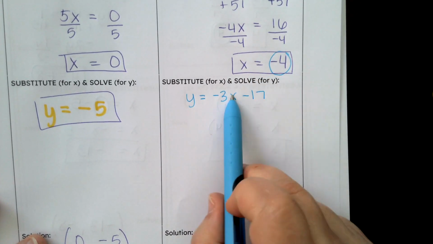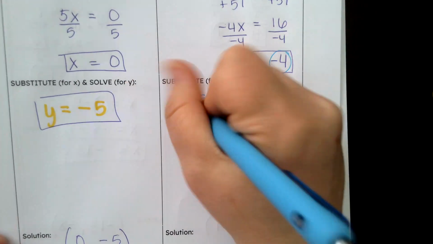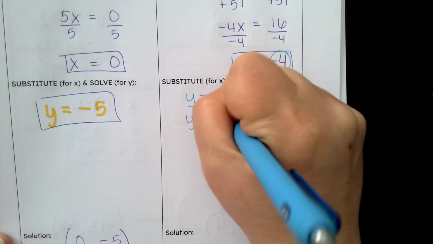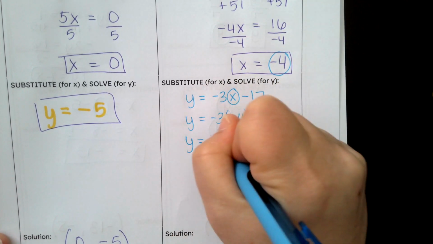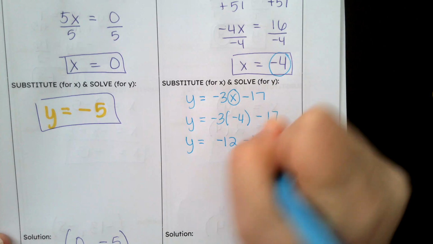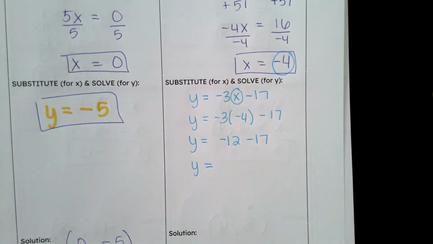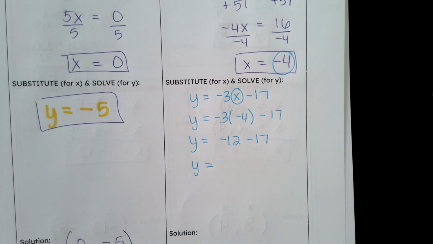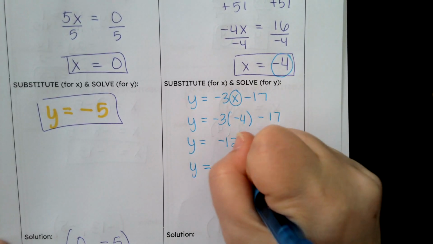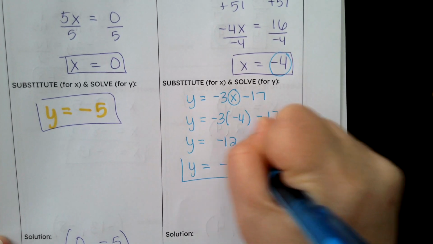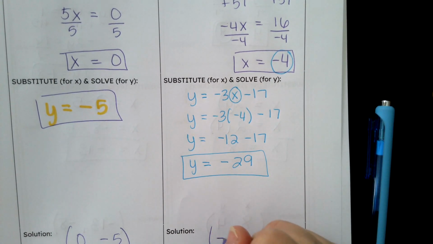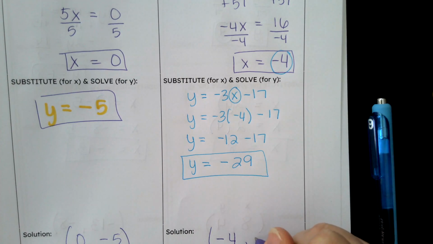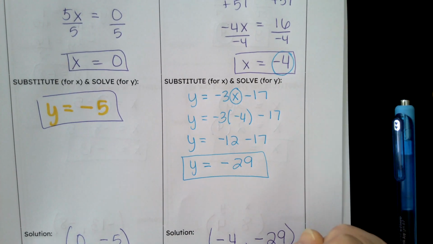So now that -4 goes into the x spot. All right, so my solution, x comes first, -4, y comes second, -29.